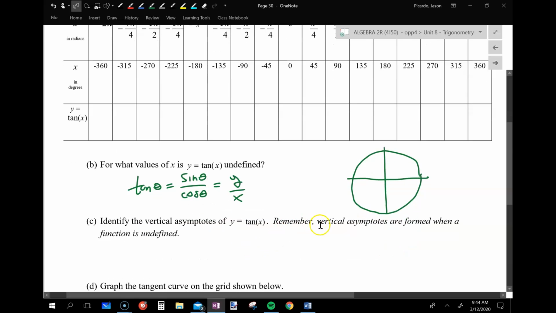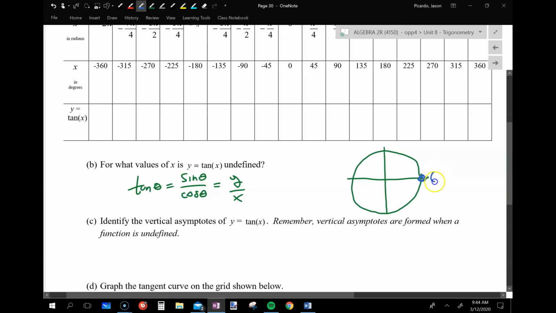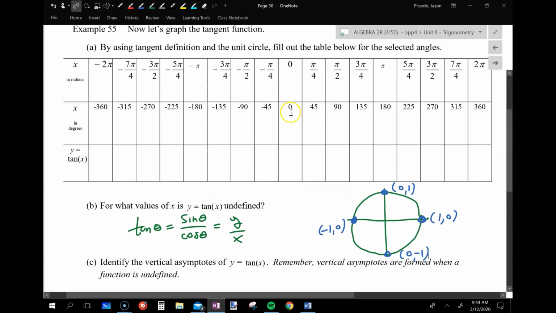Now what I'm going to do is I'm going to make my unit circle. I'm going to put my quadrantal points. So there's my points. All right. So at 0 degrees, I'm just going to go to 0 degrees on my chart.